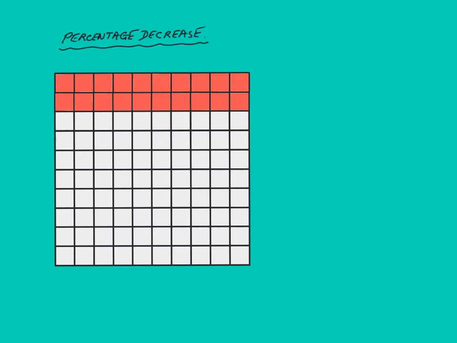Well, we start with 1, not in red. We start with 1 and we want to take away 20% of 1. So we start with 100 hundredths and we want to take away 20 hundredths, the red squares.